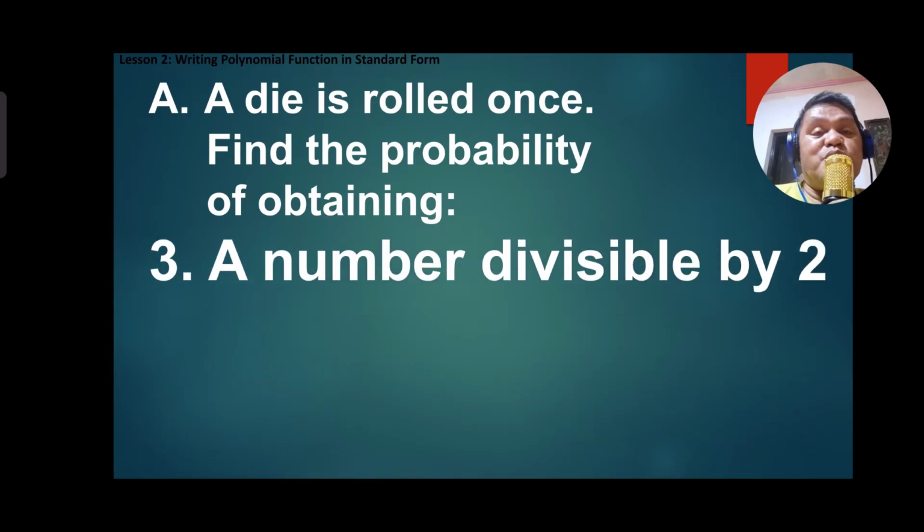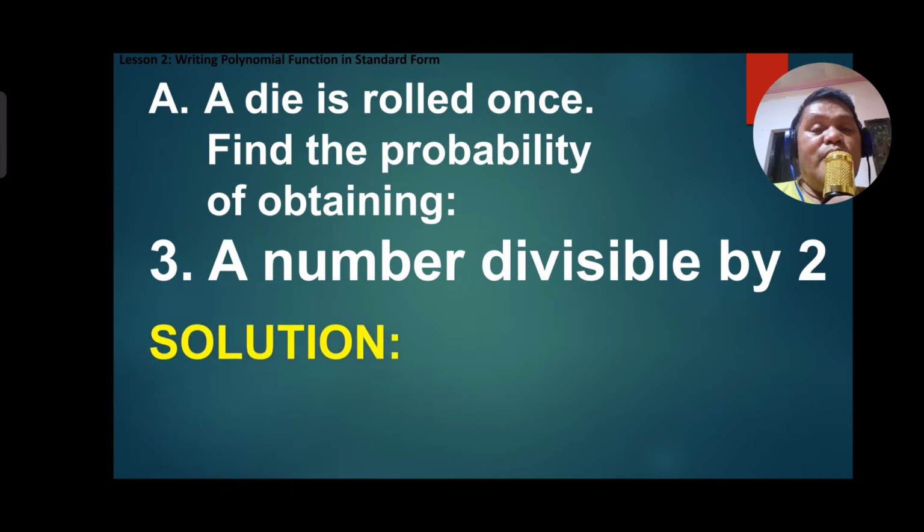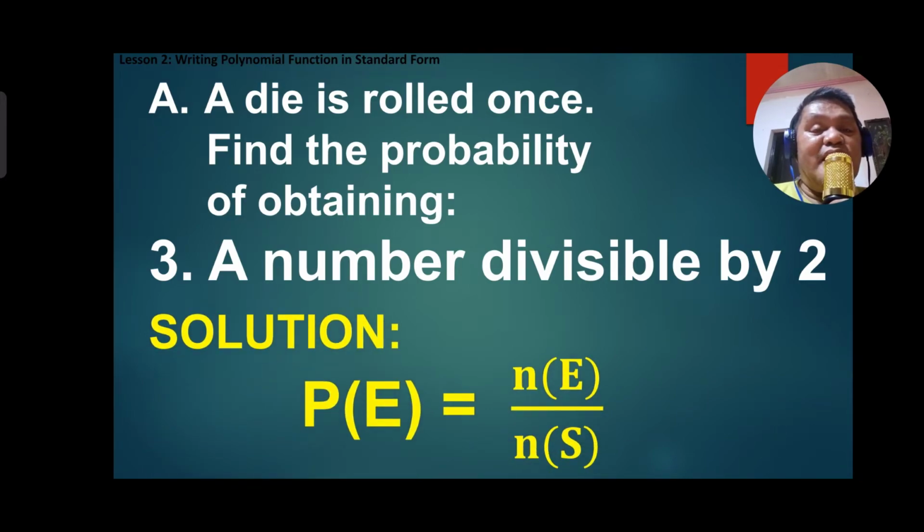Number 3. Still, a die is rolled once. Find the probability of obtaining a number divisible by 2. We have now the solution. Again, use the formula.